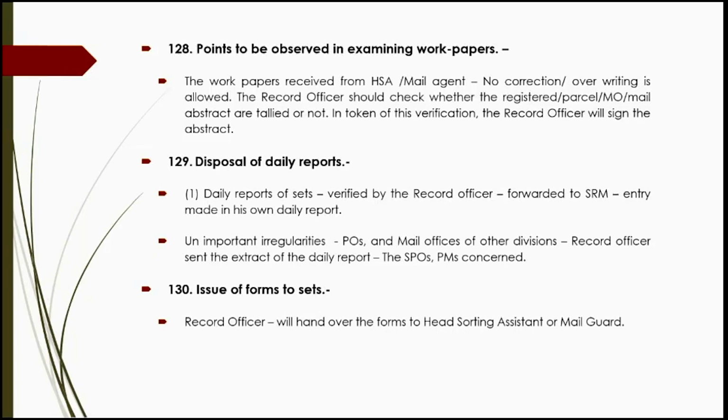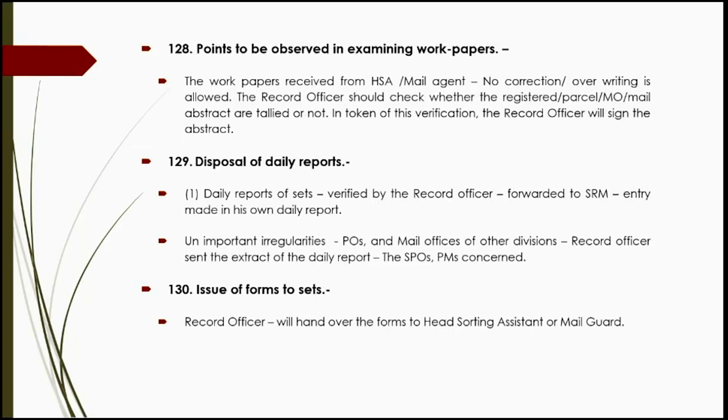First, there should be no correction or overwriting. Whether the parcel abstract has been tallied or not should also be observed. After verification of the work paper, he has to sign the abstract to show that it has been verified and examined.